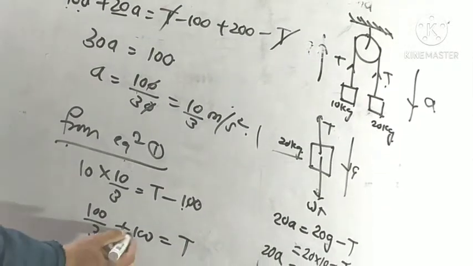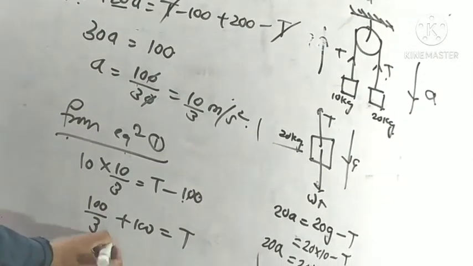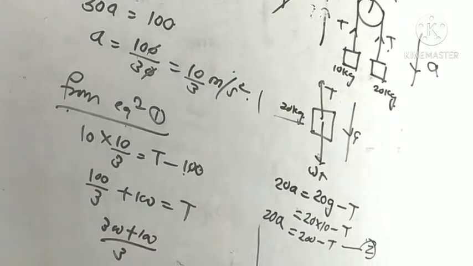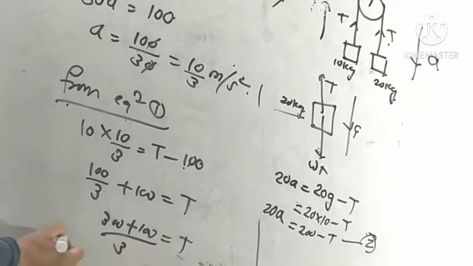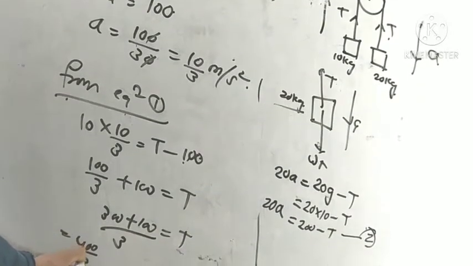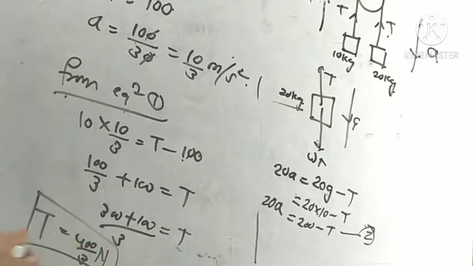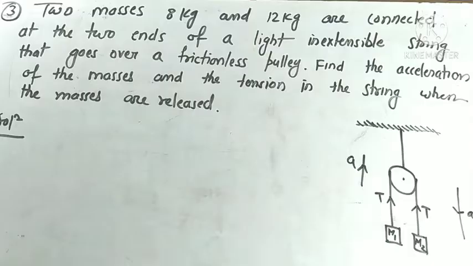T finally is 300 plus 100 upon 3, T is equal to 400 upon 3 Newton. So this is the final value of tension T in the string.